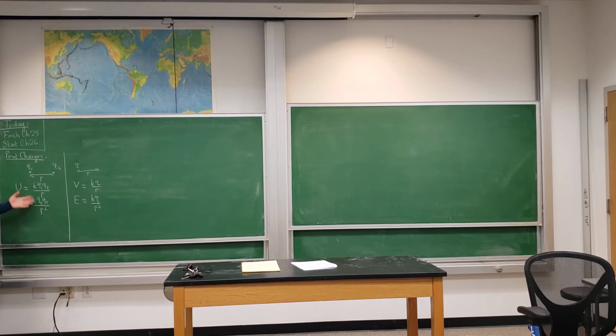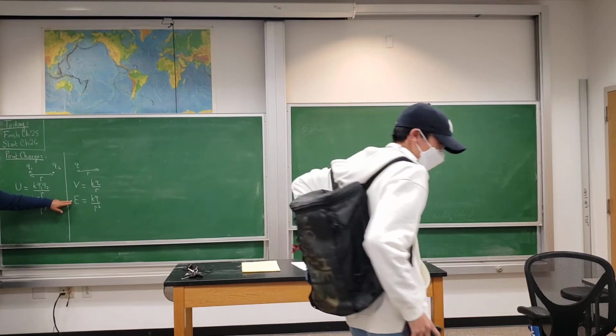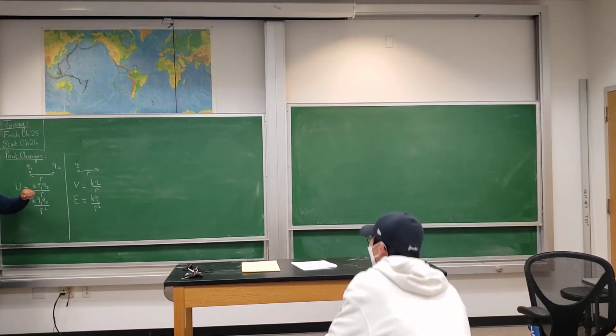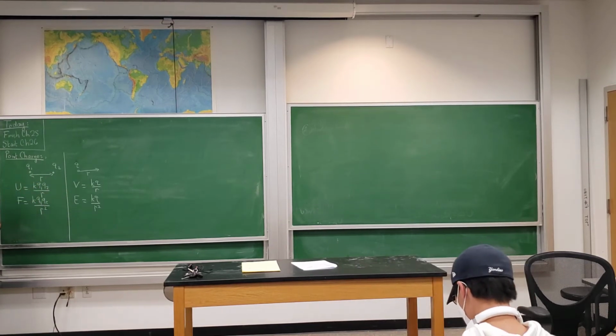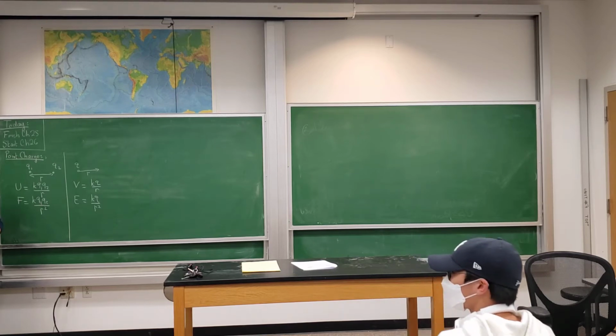When you differentiate, you get 1 over R squared. When you integrate 1 over R squared, you get 1 over R, up to a minus sign. Similarly, when you integrate the E field, you get the potential. When you take the derivative of the potential, you get the E field, up to a minus sign also. We'll put that minus sign in for later.